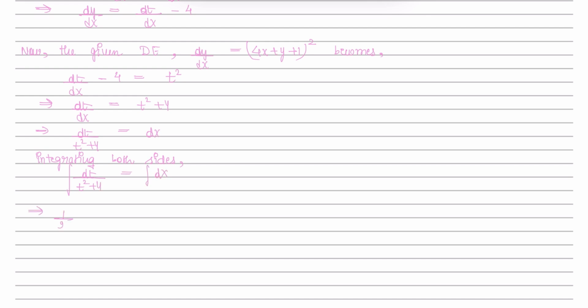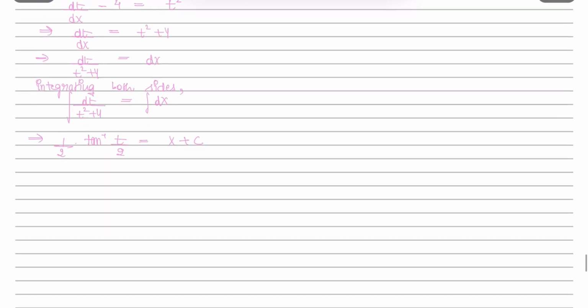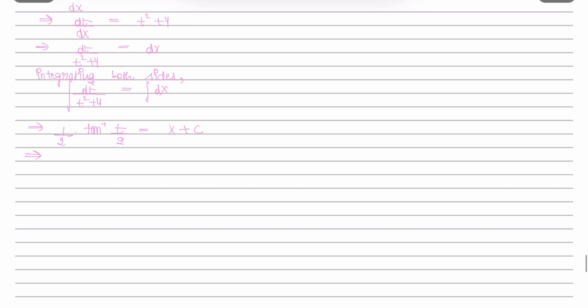It becomes half of tan inverse t by 2 is equal to x plus c. Multiplying both sides by 2, tan inverse of t by 2 is equal to 2x plus c dash, which implies t by 2 is equal to tan of 2x plus c dash.